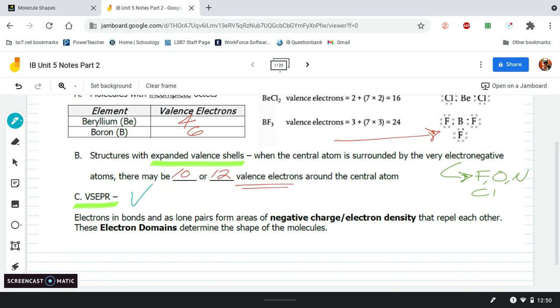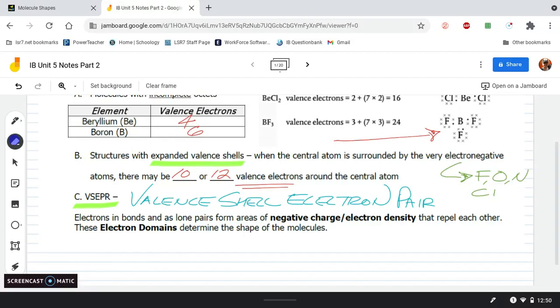V stands for valence. S is shell. E is electron. P is pair, because they show up in pairs. And then the most important word is probably the last word, which is repulsion.